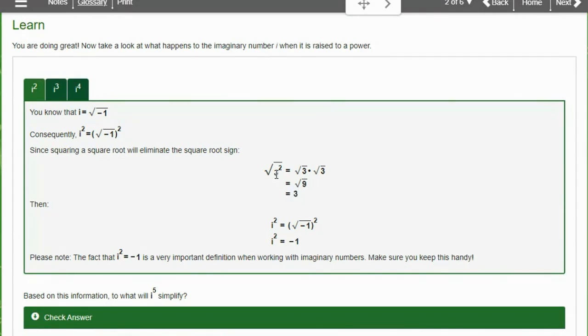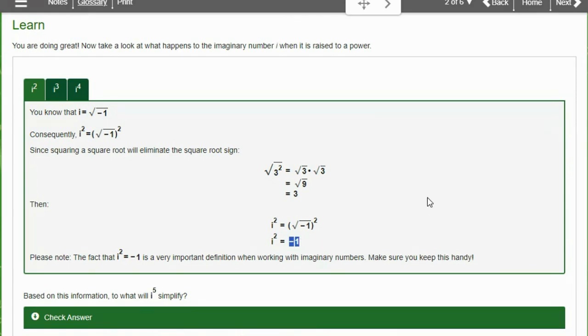You had a square and a square root, so they canceled each other out and left you with just the 3. So when you have a negative 1 with a square and a square root, they cancel each other out. So i squared equals negative 1, which is a real number.